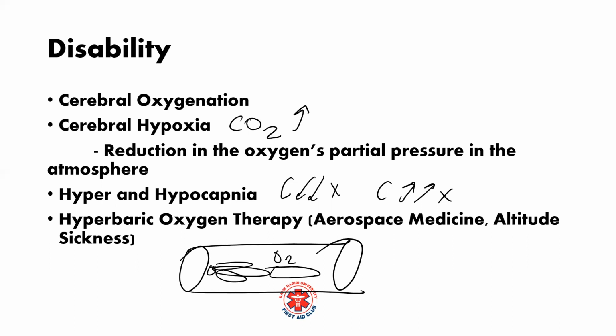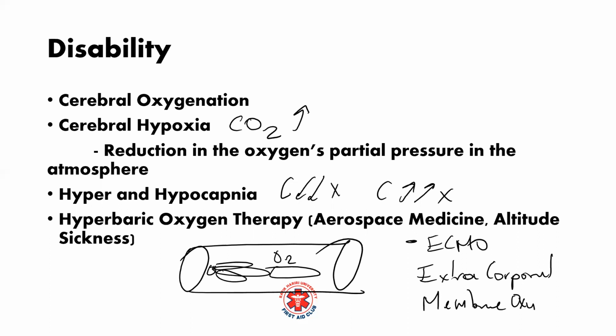If you take a look at something, you can look up ECMO, extracorporeal membrane oxygenation. They mainly use it for babies who are not able to ventilate properly because their lungs have not fully developed and they're premature. They would use ECMO. These are some of the uses.